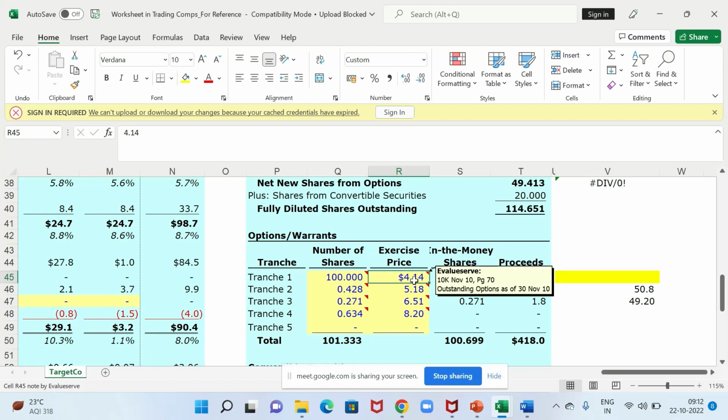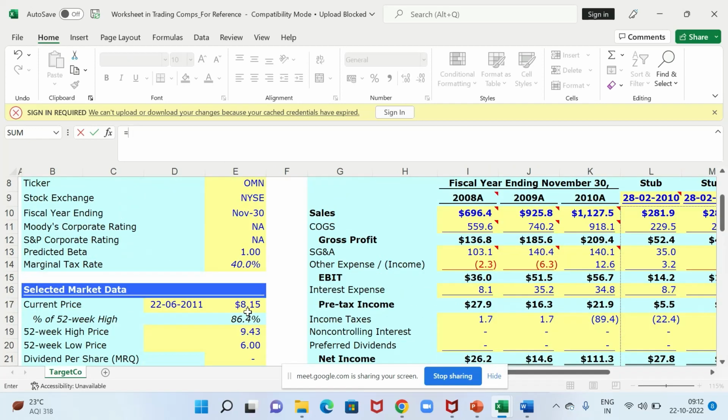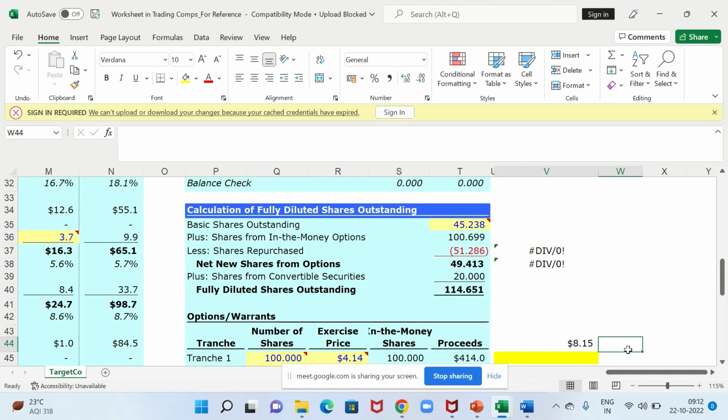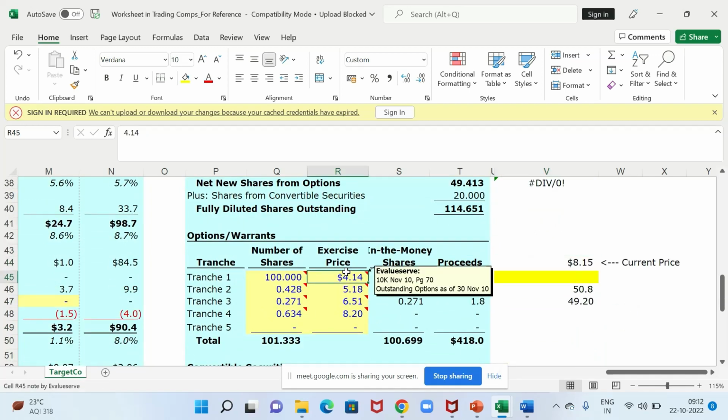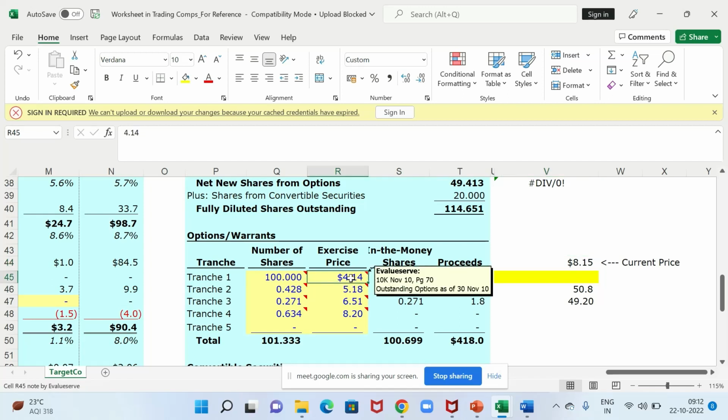Since it's in the money, because my current price is higher than my exercise price, it makes sense for me to convert it. I'm getting about $4 per share of profit.